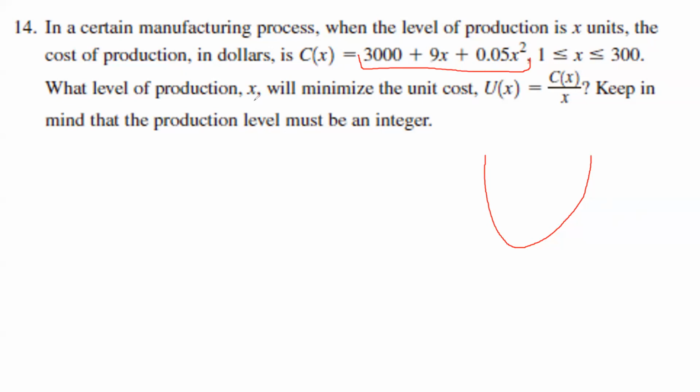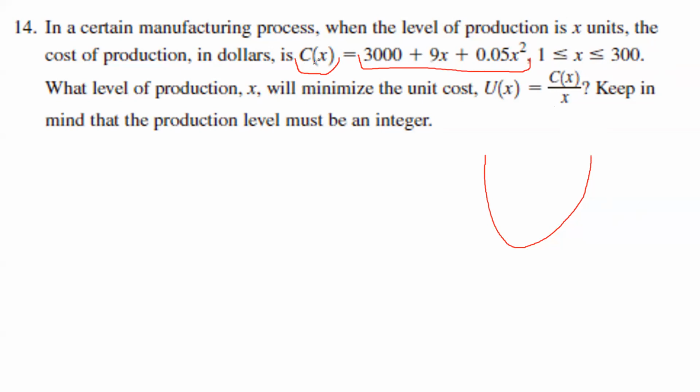What level of production, X, will minimize the unit cost? Unit cost is the cost of the whole production divided by the number of products. Keep in mind that the production level must be an integer, so we should produce a full amount of units.